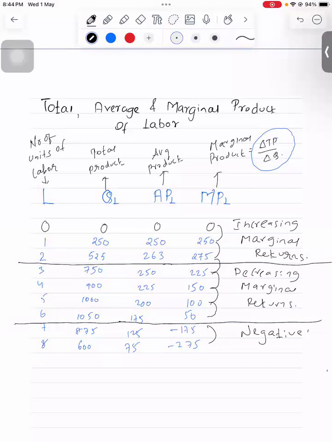Up to second worker, everything is good. You are having increasing marginal returns. Every additional worker appointed is adding more in the production process. But from third worker onwards, every additional worker is adding less into the production process. That's why we are having decreasing marginal returns.